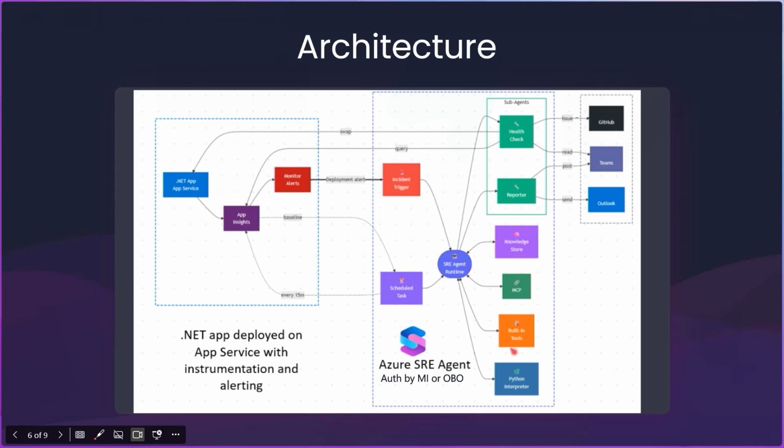So you can see in the lower right corner, we have built-in tools. Think of things like AZ CLI, kubectl, ARM APIs, all of that. And so with those tools, you can inquire into your resources, configure, deploy, do many things. We also have built-in tools for being able to query Application Insights or Kusto clusters or Cosmos DBs.